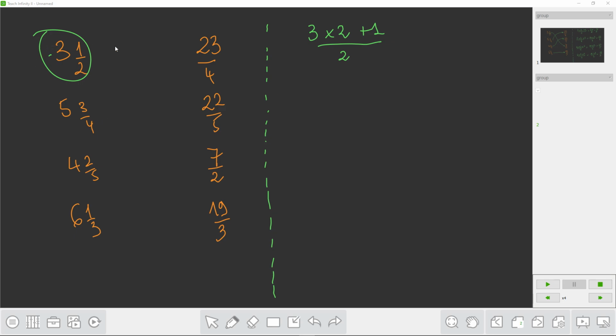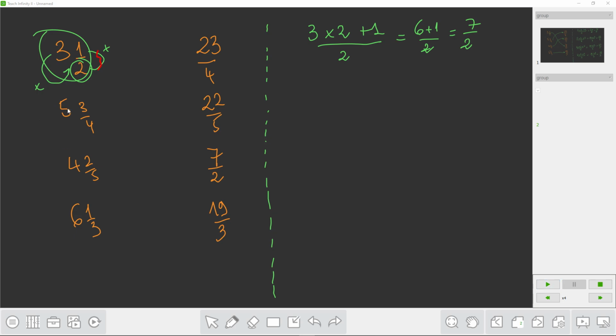When you calculate this, you find only the numerator, not the denominator. So, in the end, 3 times 2 plus 1: the whole number times the denominator, plus the numerator. Over 2 in the end. 3 times 2 is 6. Plus 1, it's 7. 7 over 2.